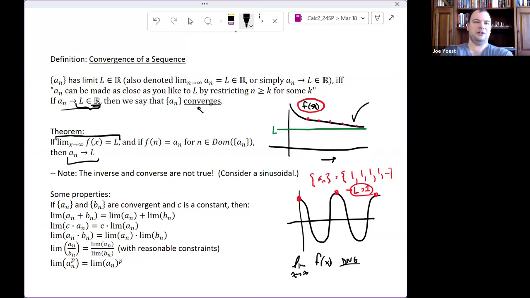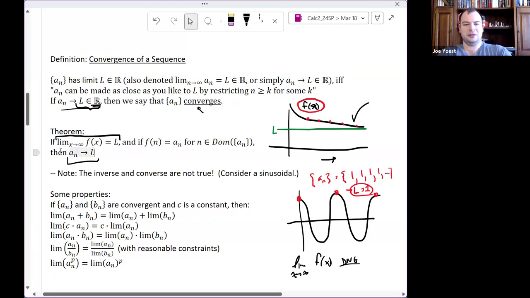If the limit as x goes to infinity of f of x doesn't exist or is plus or minus infinity, then I'm not so sure, right?